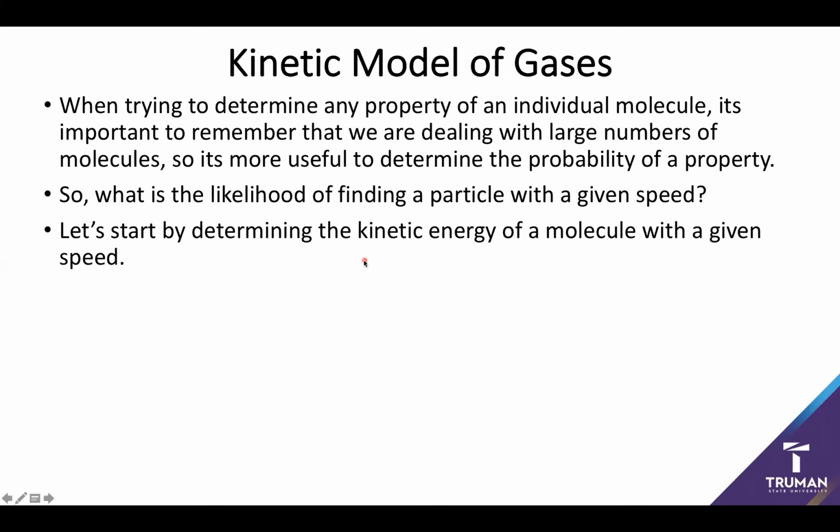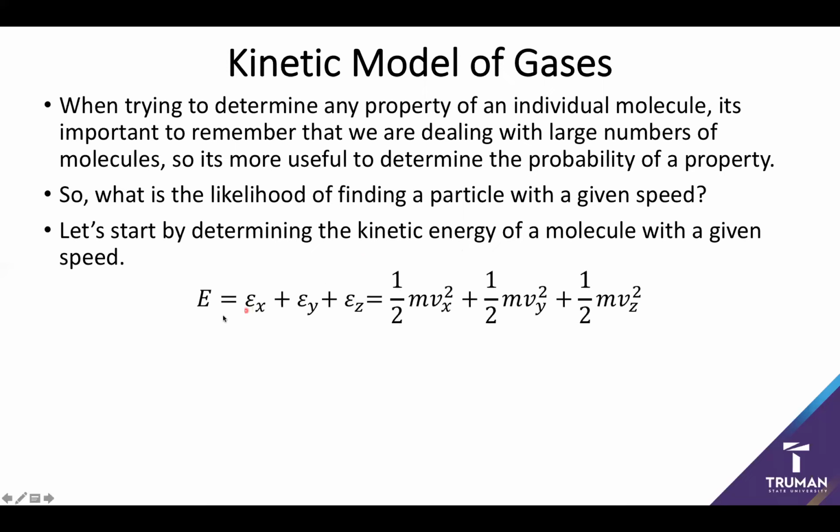So I can use Newtonian physics to say my total energy of this molecule will be divided into the translational energy in the x, the y, and the z direction. And then we can use our good old Newtonian equation that the energy in each one of those directions will be 1/2 mv squared, where we're looking at the velocity in those three cardinal Cartesian directions.